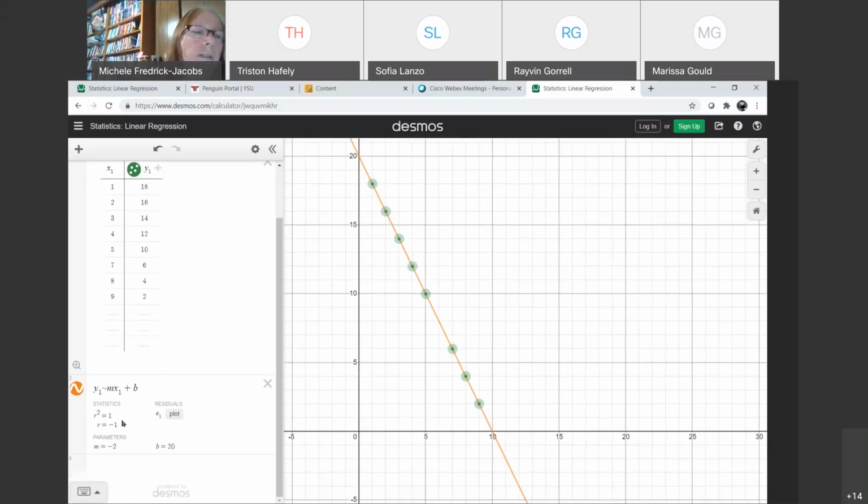Maybe because Excel doesn't have r, the book only talks about r squared. But r squared and r tell the same information, except r tells you if it's positive or negative. Is there any questions on that?